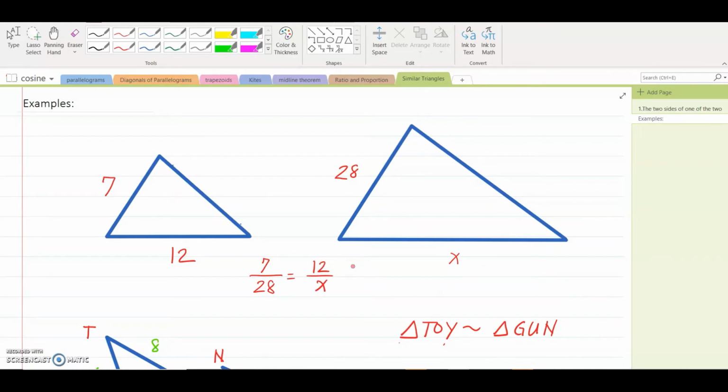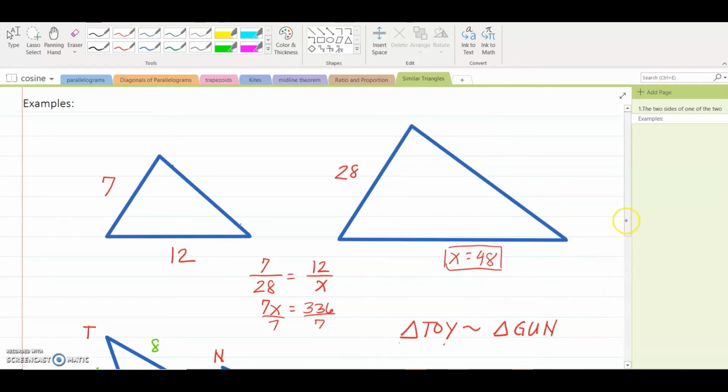All we have to do is cross multiply: 7 times x gives us 7x, and 28 times 12 is 336. Then we divide both sides by 7. So the value of x will be 336 divided by 7, which is 48. So the side that corresponds to 12 is 48.